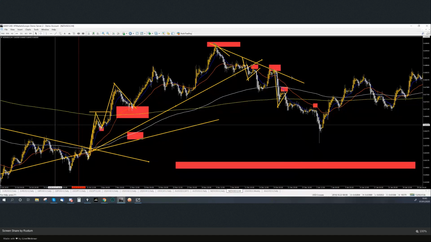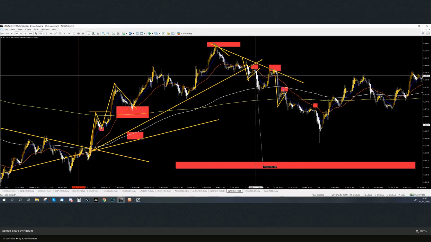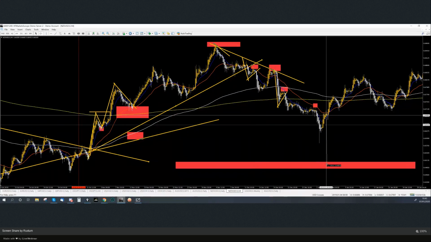My potential profits are less. So when we were here, my potential profits were 300 pips, and my stop loss was above here somewhere. So I was quite happy to take that trade. But then every time it gets closer to the target, the less potential we have, the less interested I become.